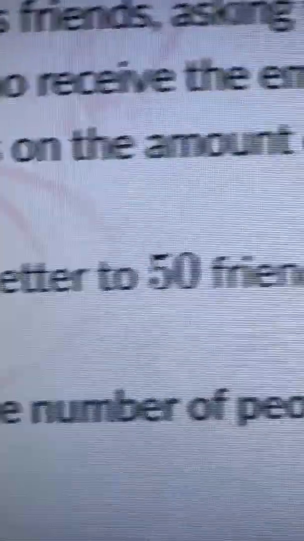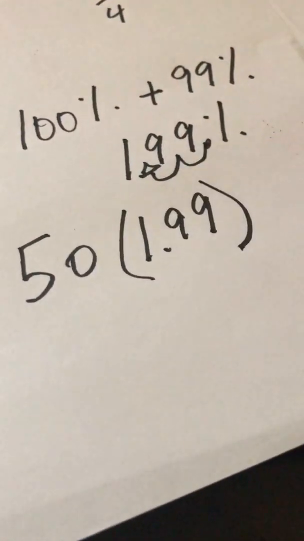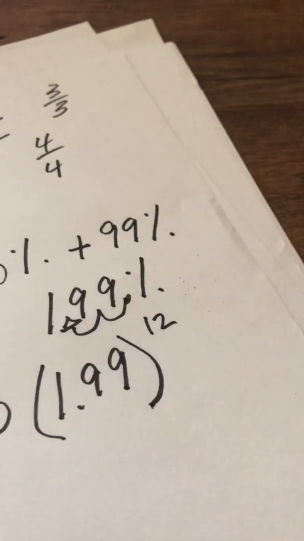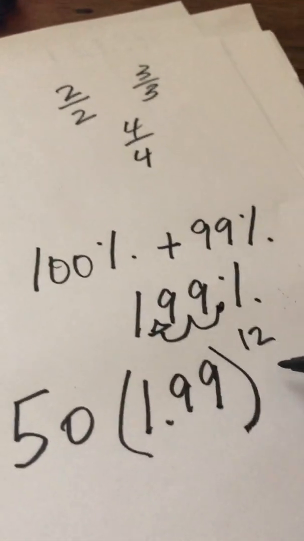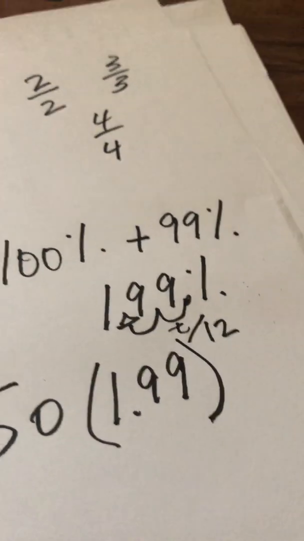And then it says something about initially sending the chain letter to 50 friends. So I'm going to put the 50 in front. And then it says something about every 12 weeks. So we're not going to put 12 in the air, we're not going to put T in the air, we're going to put T over 12.